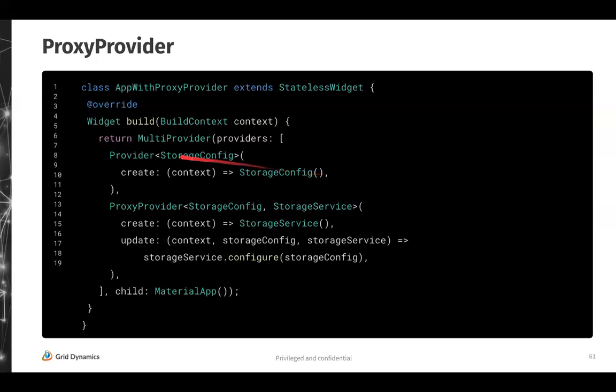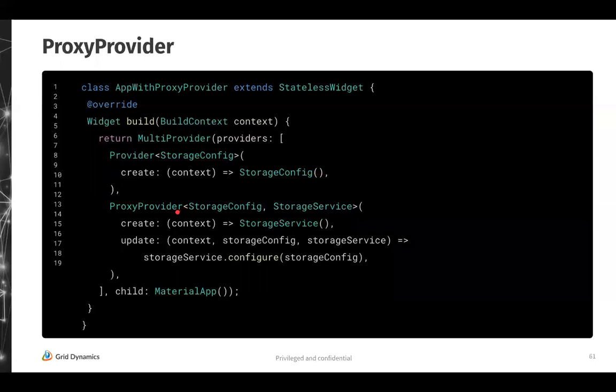One of the providers will be exposed regularly, which is the independent one, storage config, which is going to be exposed via a regular provider. But then we are going to use proxy provider, which is intended for this special case where you need to build a new provider on top of some existing provider.